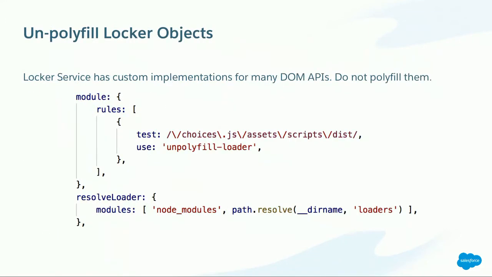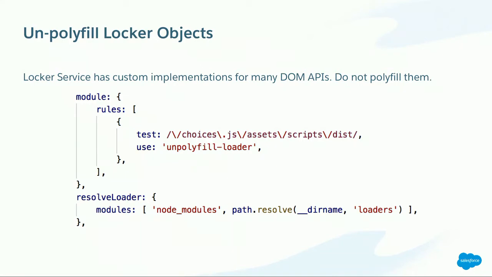So what happened with choices.js in particular, though, is that it messes up the window object. What we want to do is protect the window object from this messy library. So I wrote my custom loader called Un-polyfill loader. It's in the demo repository that you will see in the last slide.